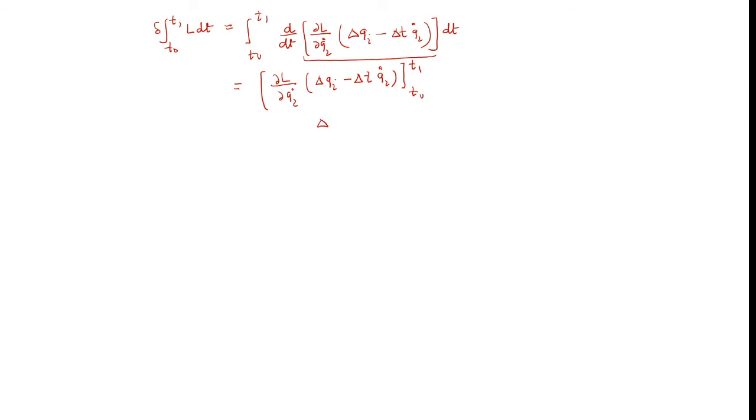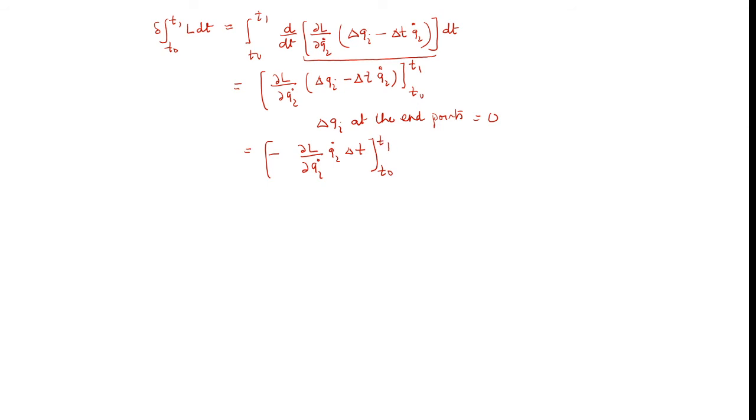Now what about δqi at the end points? At the end points, δqi is 0. So we are left with minus ∂L/∂qi dot qi dot δt for the limits t0 to t1.